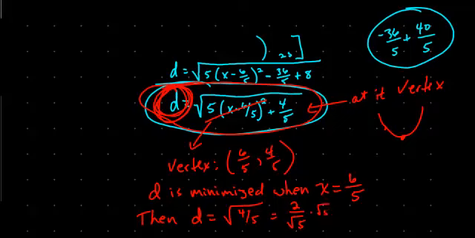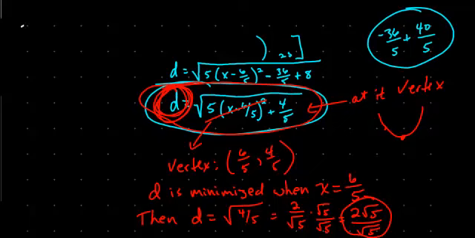Multiply top and bottom. We don't like leaving radicals in the denominator, so that's going to equal 2 root 5 over root 5.